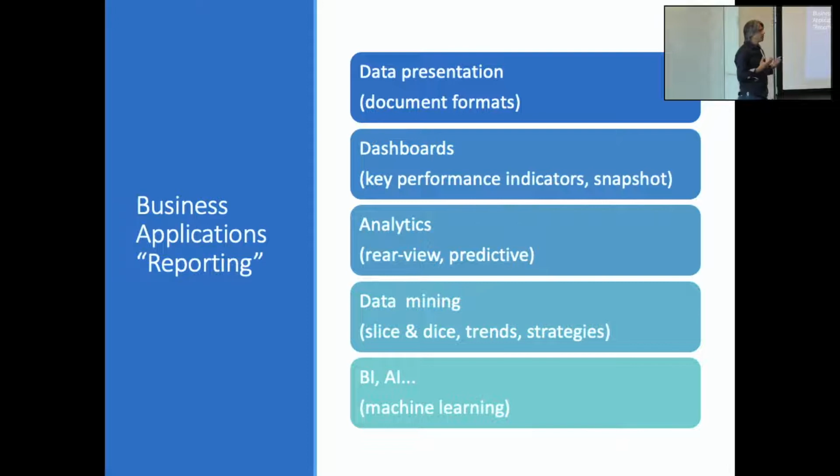Then another idea was dashboards that are going to help you get a clear view on the current situation of your business. The main point there was the key performance indicator, like the dashboard of your car that shows you the speed that you currently have, how many miles you can go with the current speed, that kind of information.